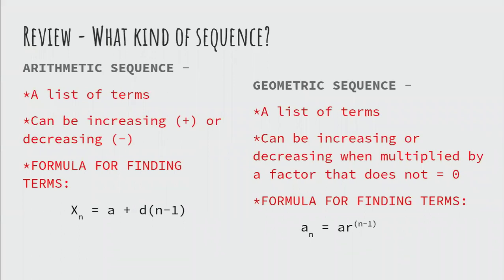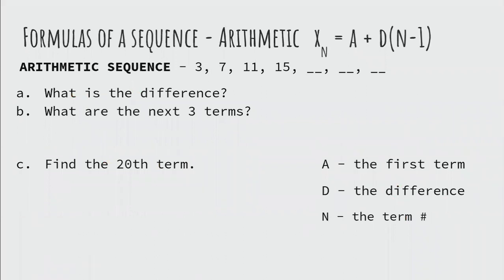Okay, so we are going to start with arithmetic sequence. So here's an arithmetic sequence: 3, 7, 11, 15. Just like normal, we will find the difference, and we will find the next 3 terms. But even if we find the next 3 terms, we would only have 7 terms in this sequence.